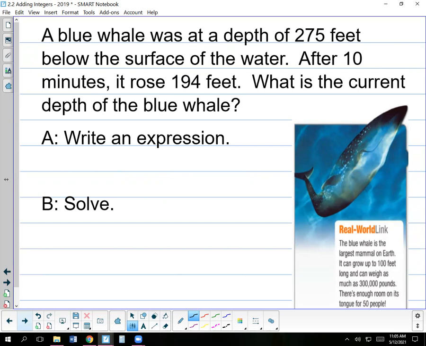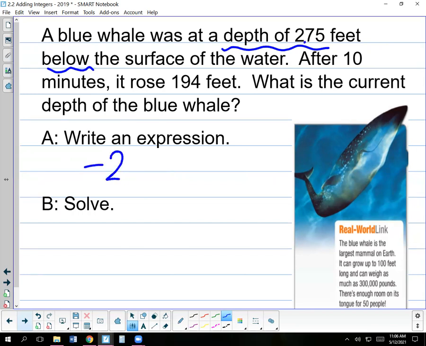A blue whale was at a depth of 275 feet below the surface of the water. After 10 minutes, it rose 194 feet. What is the current depth of the blue whale? So, do whales swim on top of the water? No. Okay, so if you saw the word below, what would this integer look like?